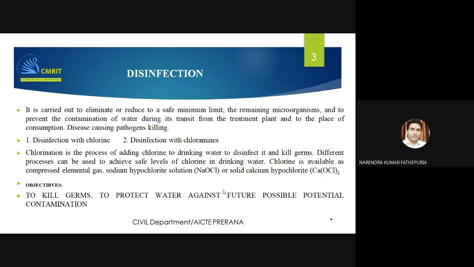The objective is clear: to kill the germs, bacteria, pathogens, viruses present in water or maybe in wastewater, and to protect the water against future potential contamination also.